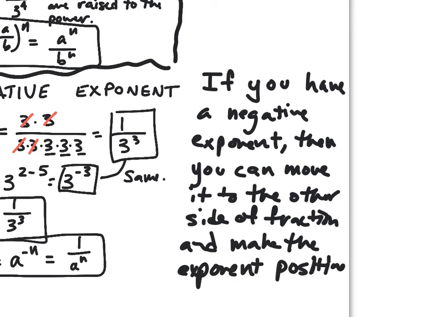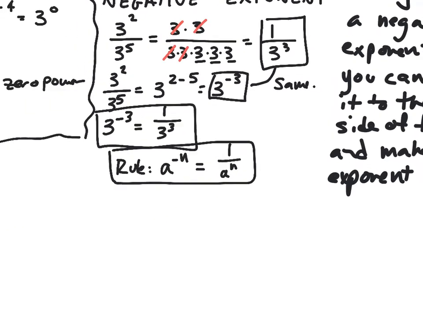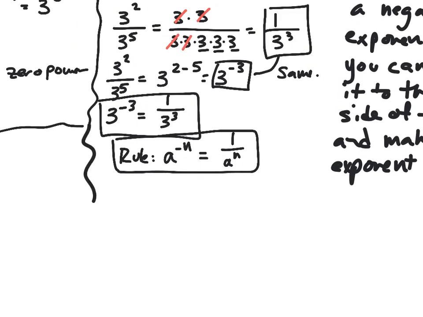Let's take a look at another example. Let's say I take 3 to the negative 2 power. This in itself is a fraction, because anytime you have a number, you're always dividing it by 1.